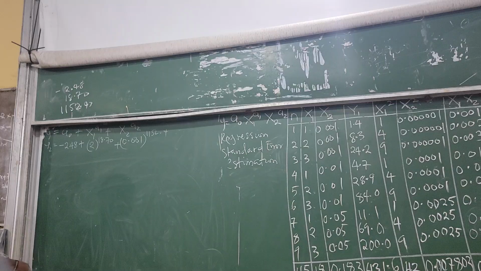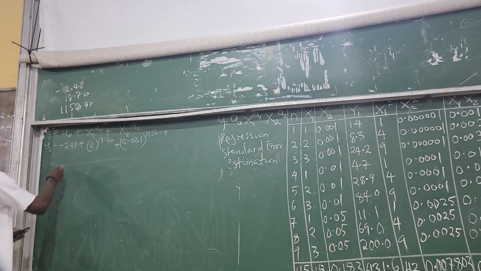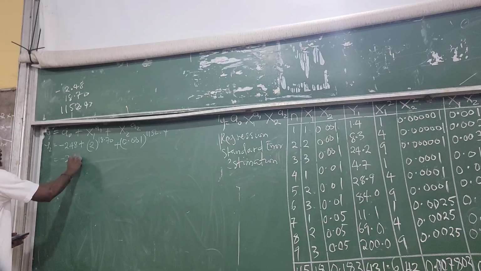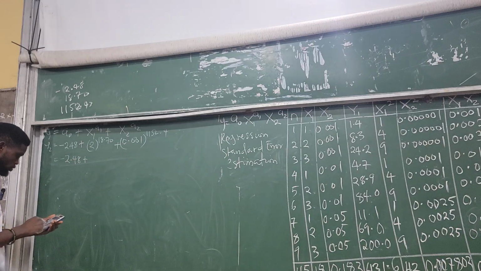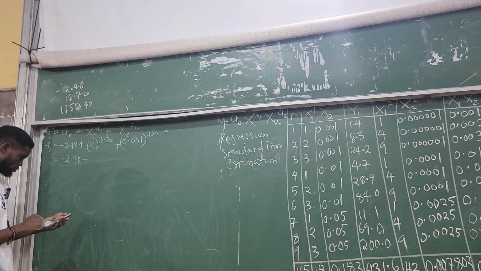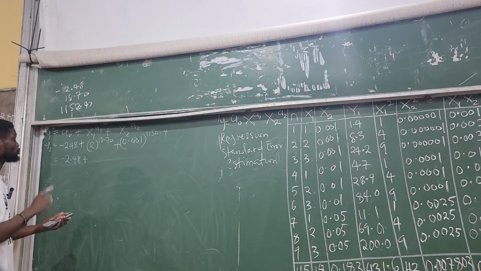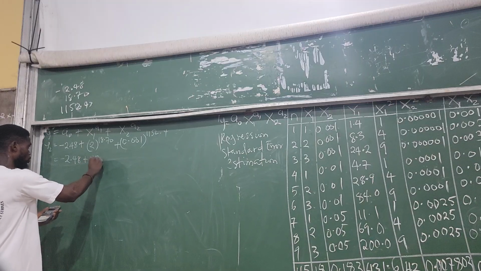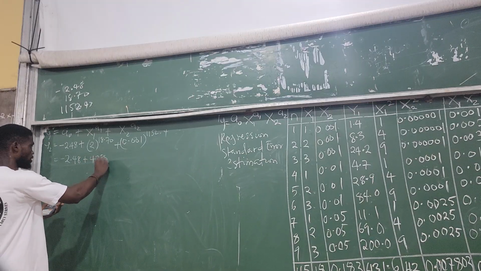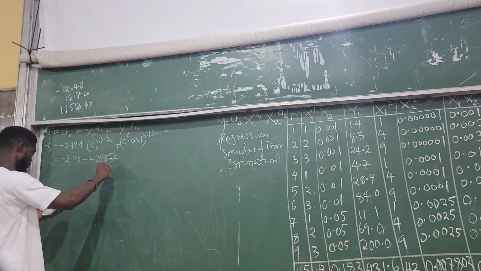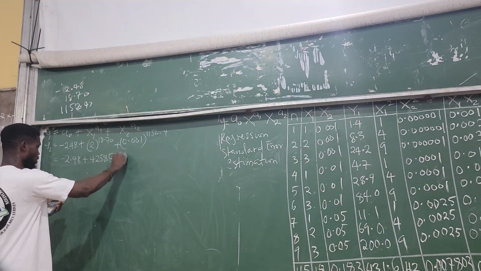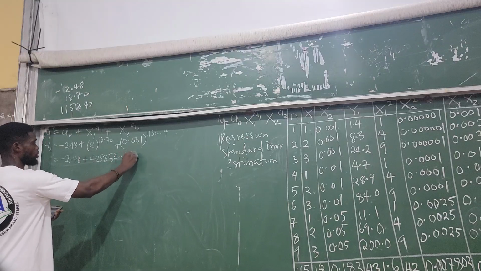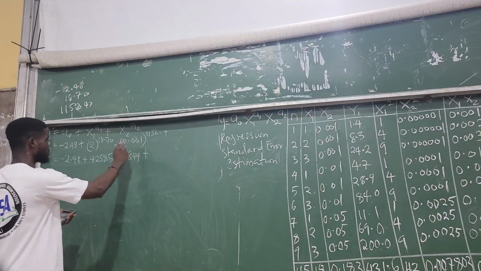So if we do that, we now have 6 of them one after the other. So we have y is equals to minus 2.48 plus 2 square, and 2 raised to power 18.70 gives us 4.2454.1844, plus do the same thing here too.